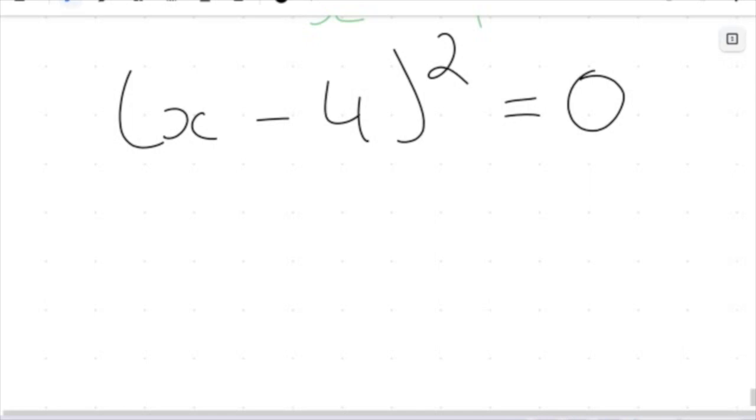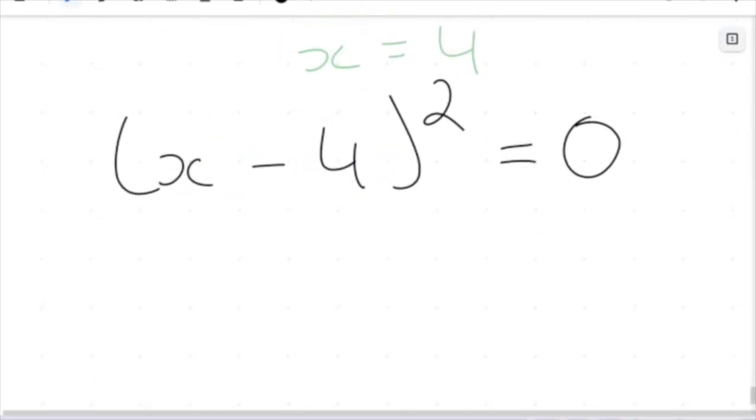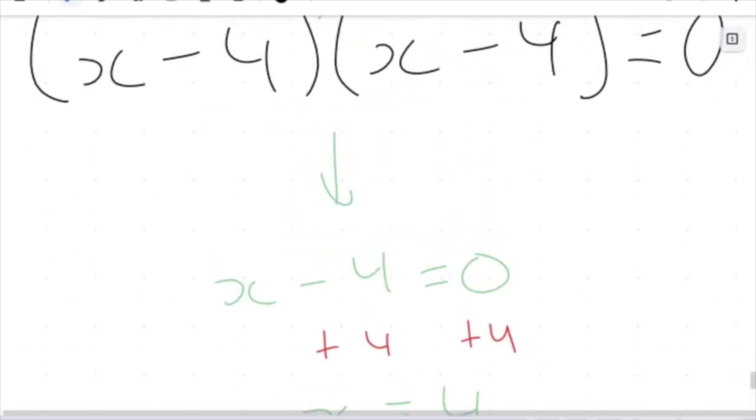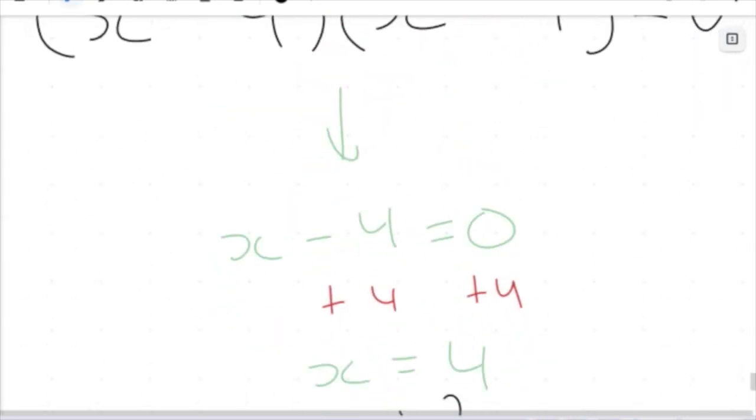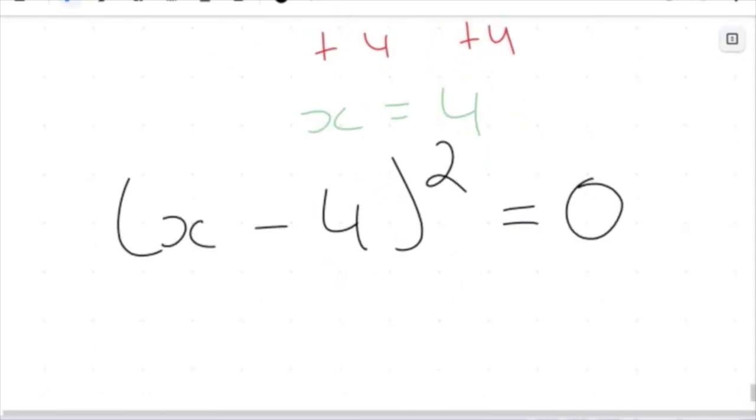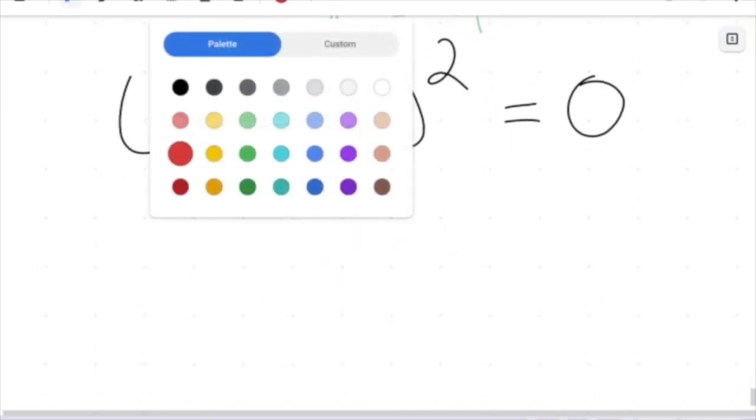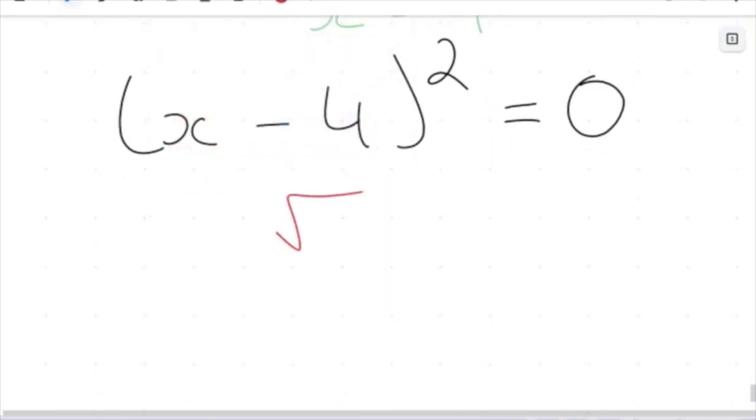I'll show you. Say we did this a different way. Let's use another method here. Let's say instead of writing it like this and just figuring out that we had the same solution for both, why don't I take the square root of both sides here? Because that's going to kill this square here, and it's not going to affect the right-hand side, because the square root of 0 is still going to be 0.